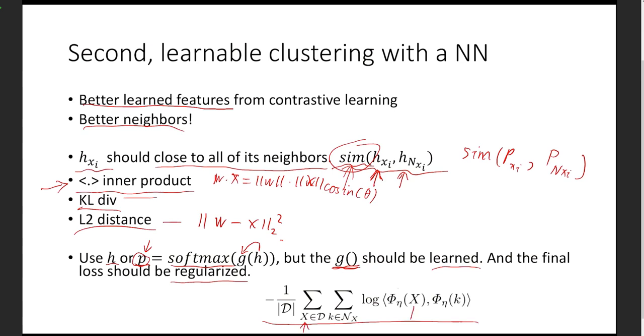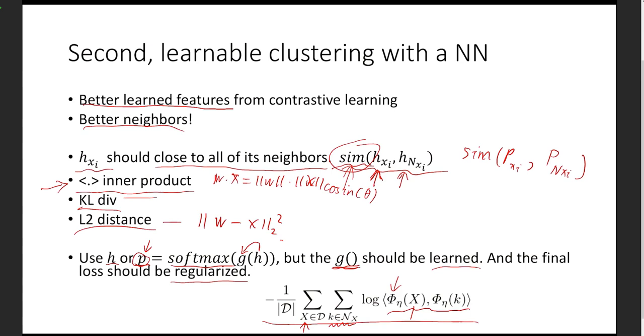For every single image in the data set, they find k neighbors, and compute the similarity between these two. Here they use this phi. I think it's phi.